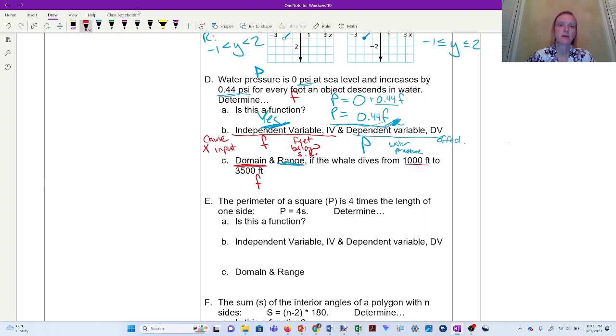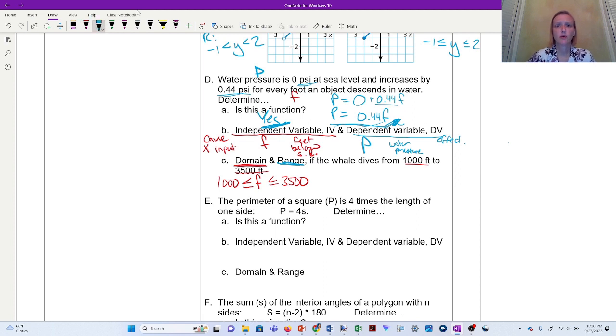And this problem tells me that they want me to give the domain for a whale that can dive anywhere between 1,000 feet below sea level and 3,500 feet below sea level. And so my f value can be, since the whale starts at 1,000, equal to 1,000. And because it ends at 3,500 feet, the f can be equal to 3,500 feet, but otherwise f needs to lie between those two values.